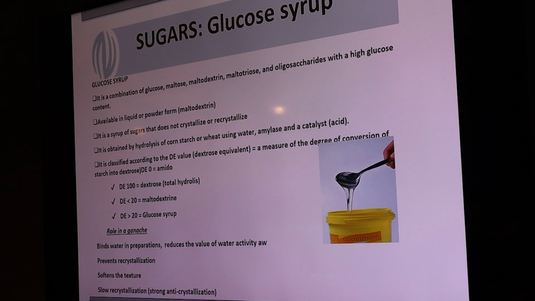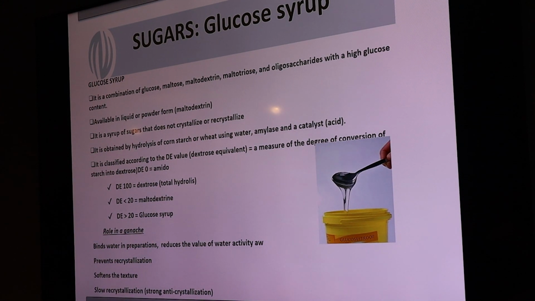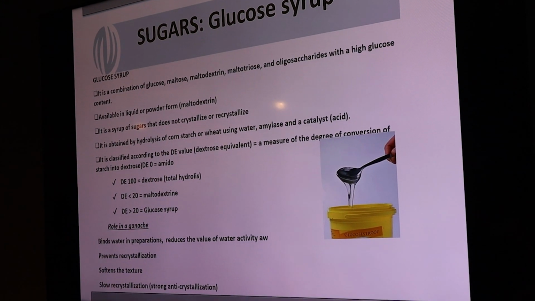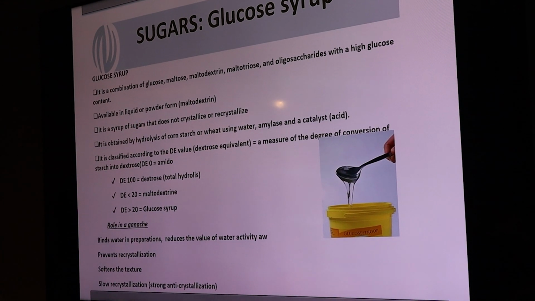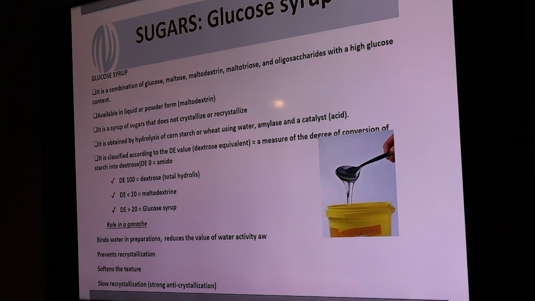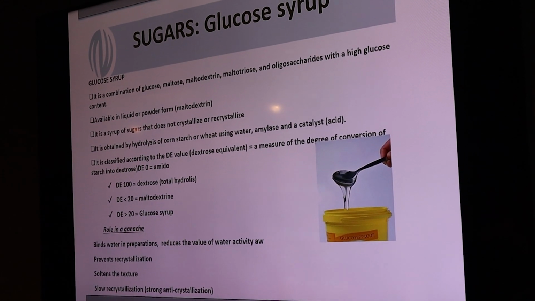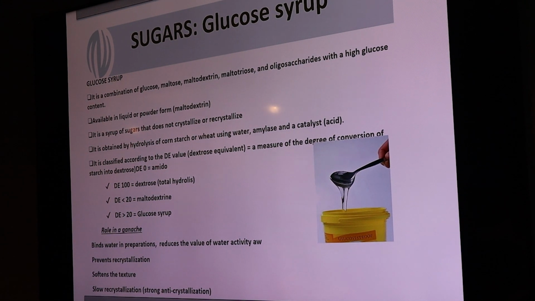So when you have to choose, please choose the DE 60. I don't know if the one you brought is a DE 60 or 40, but I think it's a DE 60 because it looks very fluid and is quite easy to work with.